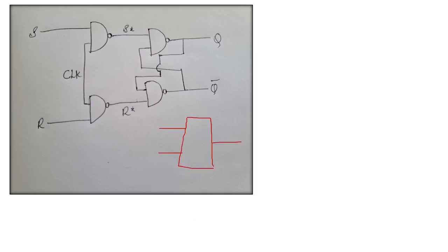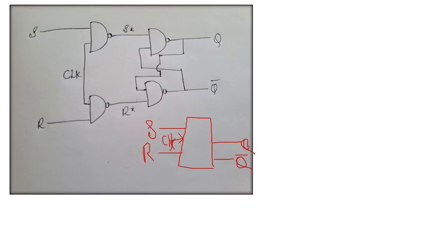The simplification will have S, R, and two outputs, one is Q and another one is Q bar. And here you'll have clock. I'll write it as C, or else you can write it as CLK, clock.